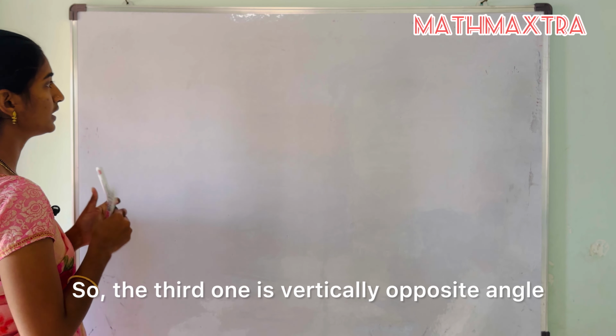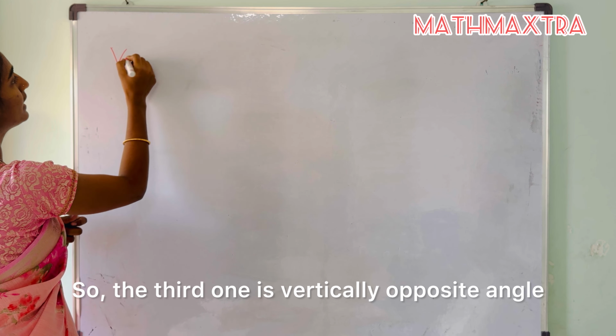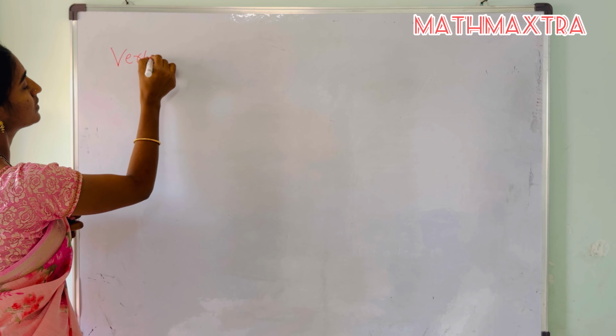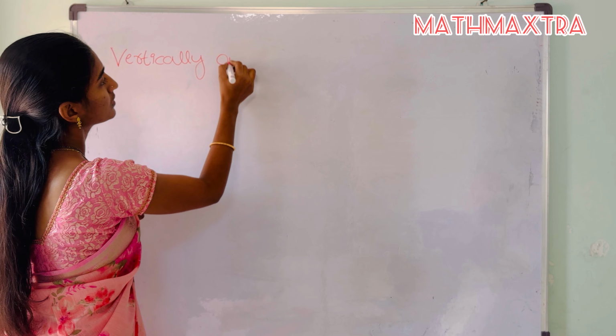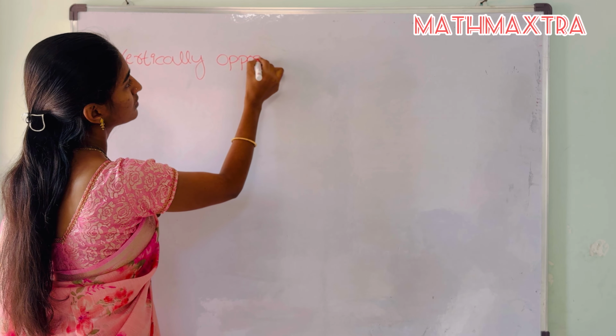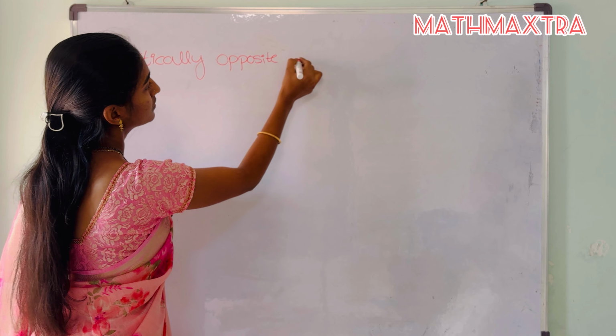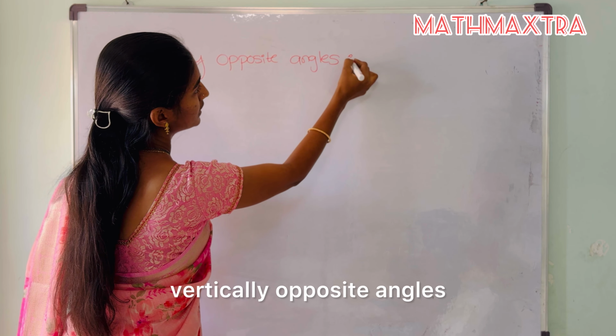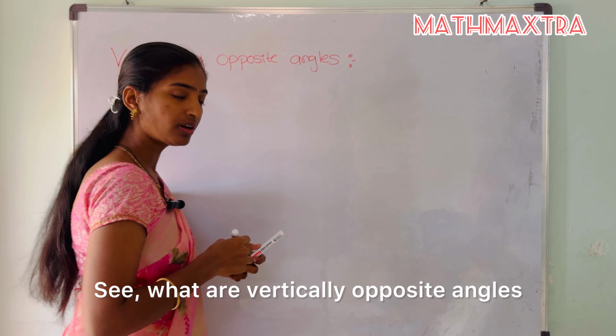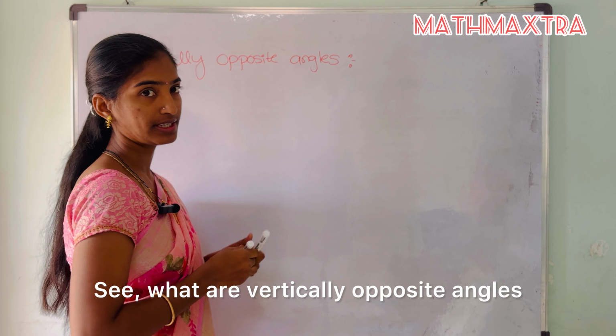So the third one is vertically opposite angles. See, what are vertically opposite angles?